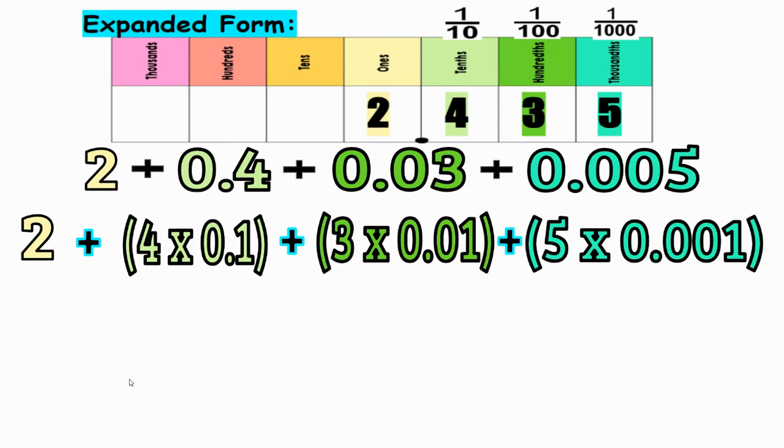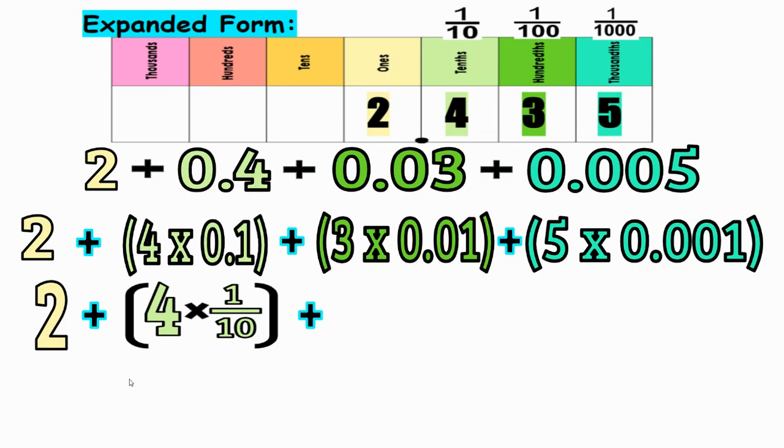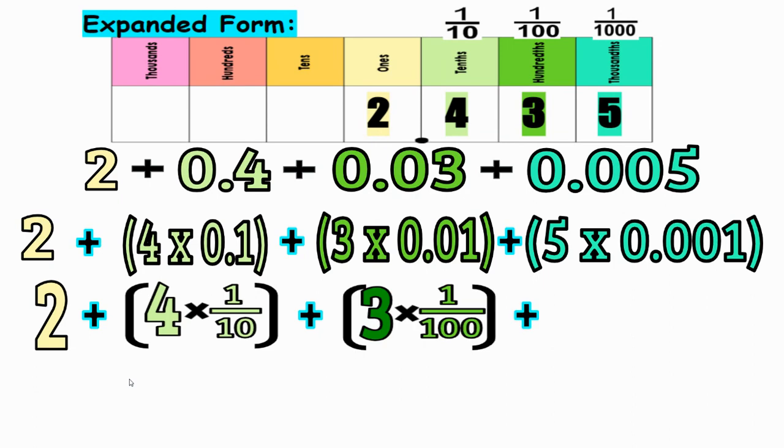So this same amount can be represented as a fraction. So we can say 4 times 1/10, because that means we have 4 tenths. We could say 3 times 1/100th, representing the 3 hundredths that we have. And we have 5 thousandths being represented by 5 times 1/1,000th. So we can represent this again, but this time showing the exponential form.